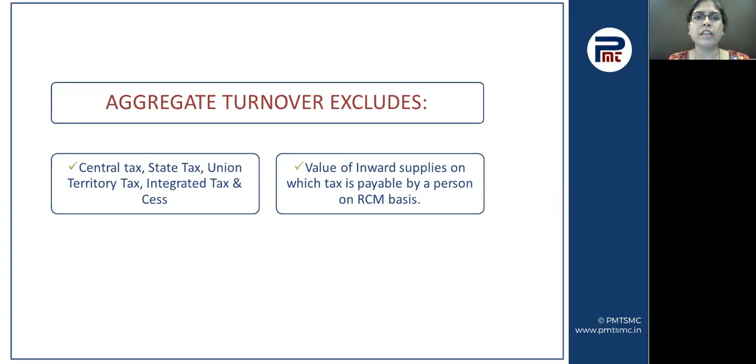Because the person who is liable to pay GST under RCM, his liability is only to pay the tax to the government, and such turnover is not included in aggregate turnover as it doesn't belong to that person. These are the inward supplies covered under the reverse charge mechanism, and hence that assessee is required to pay tax on the reverse charge basis to the government.